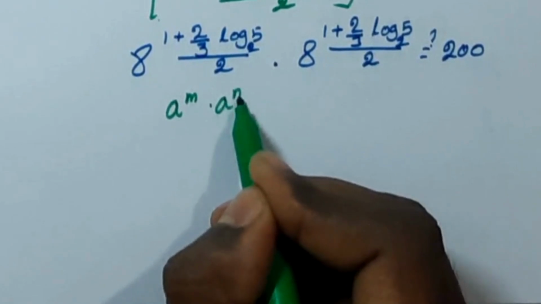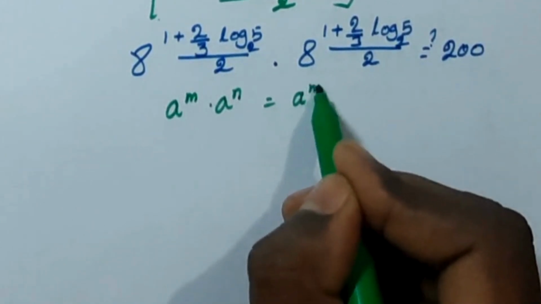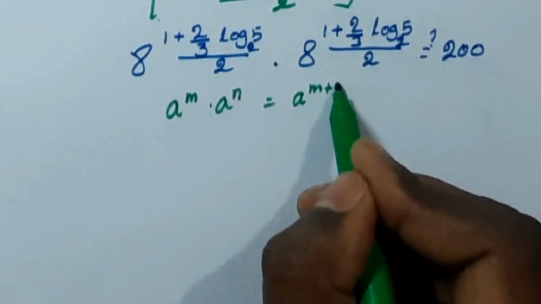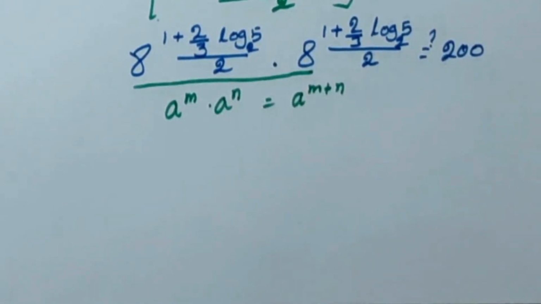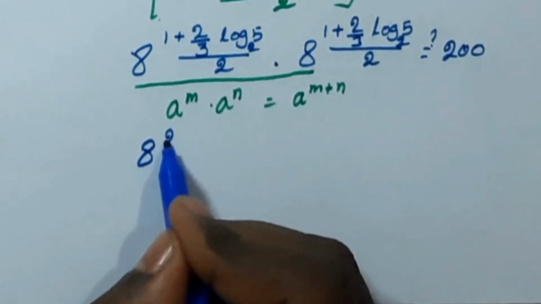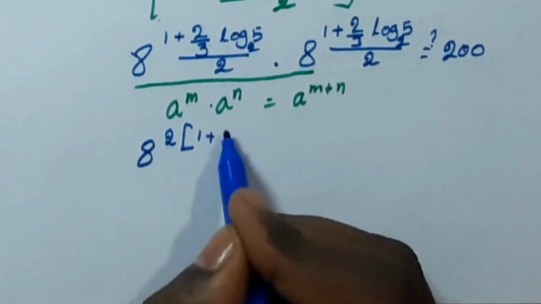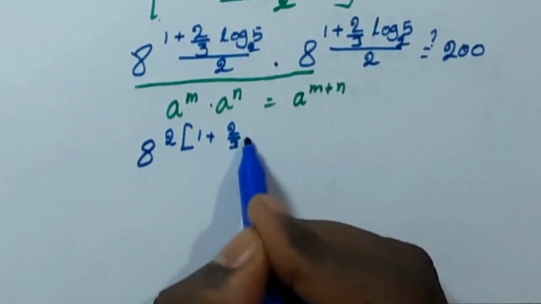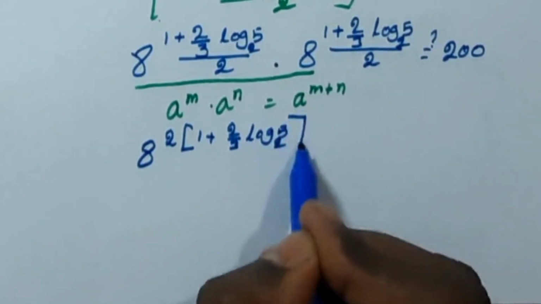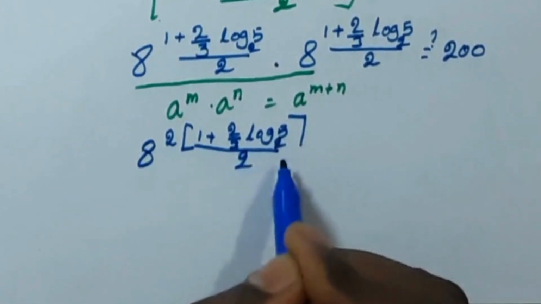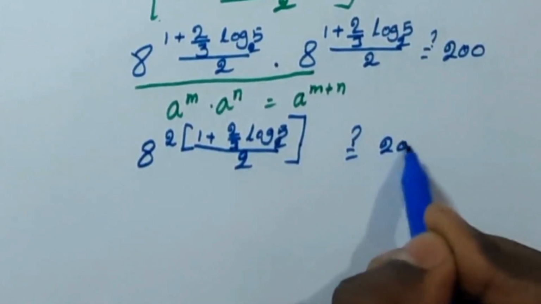a^m × a^n = a^(m+n). As per this formula, we are going to apply here. 8^(2 × (1 + (2/3) log 5 base 2)/2) = 200.